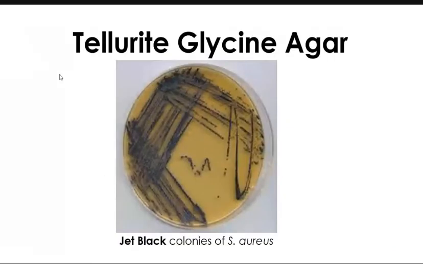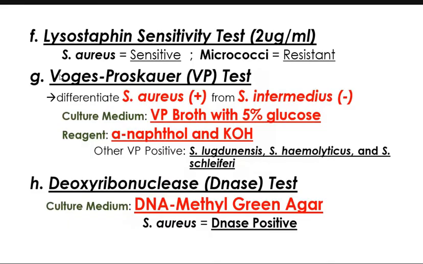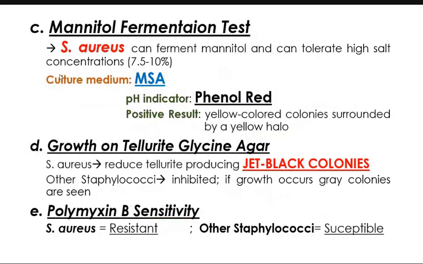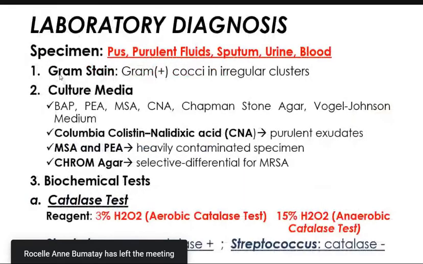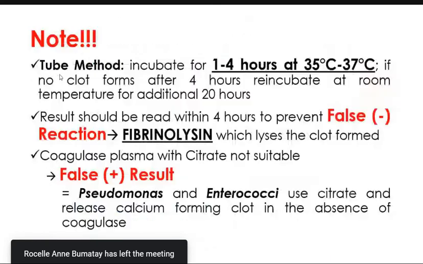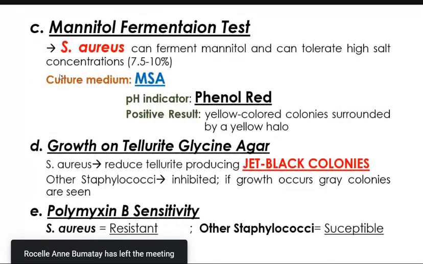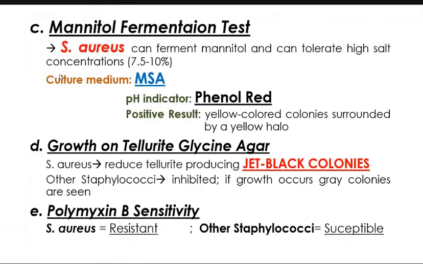Okay, so those are the different biochemical tests that you can do for Staphylococcus aureus. Start tayo from your catalase to coagulase, and then you have mannitol salt, or the mannitol fermentation test. It's growth on tellurite glycine agar.